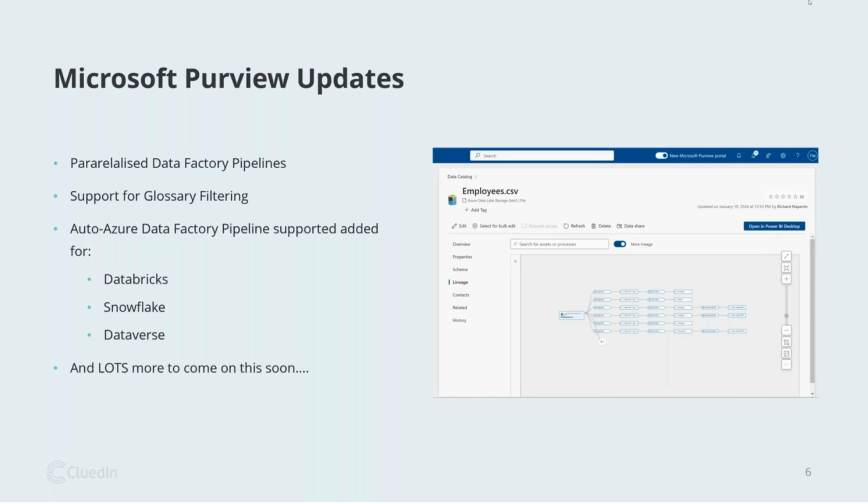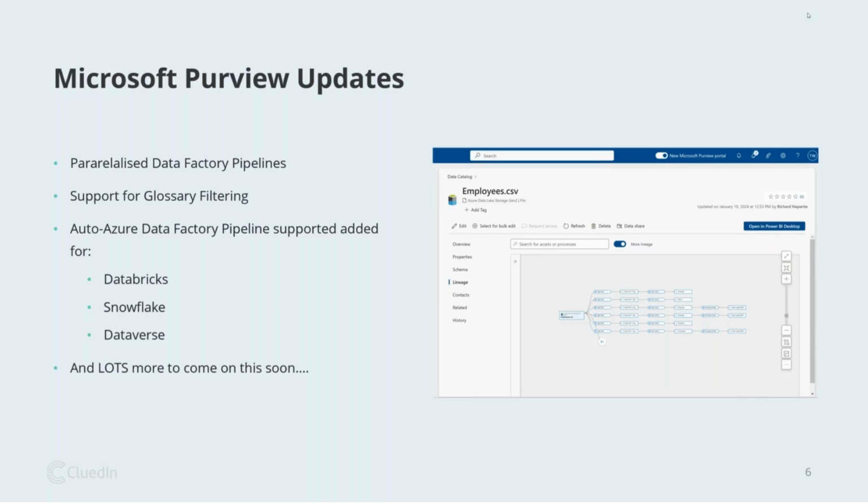So with the Purview pieces specifically, first thing to mention to the person asking this question is we have a lot more announcements around this that are coming over the next few months. But for right now, the upgrades to the GA version of Purview start with the parallelization of the automated Azure Data Factory pipeline.